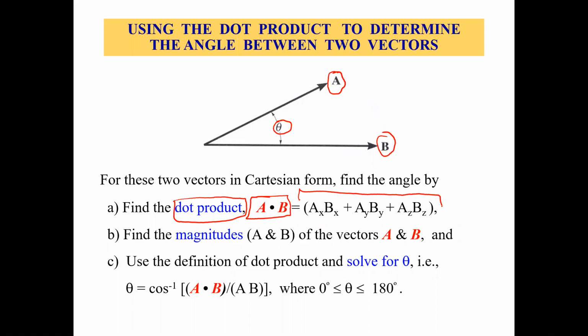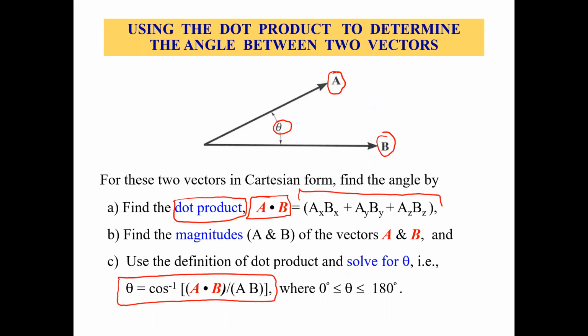Then find the magnitudes A and B of the vectors A and B, right? And use the definition of dot product and solve for theta. Okay, so just rearrange the equation for dot product, and you can find theta equals cosine inverse of A dot B divided by AB, right?